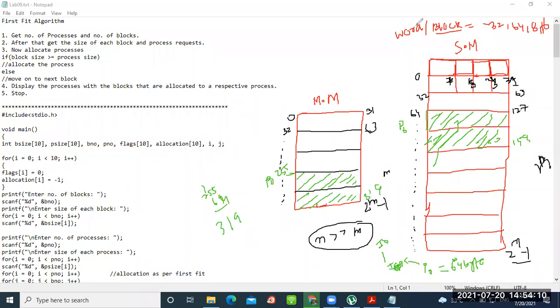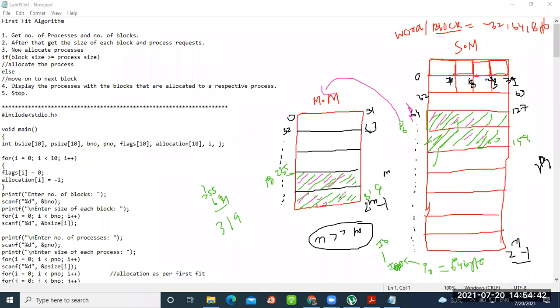So what does continuous memory allocation say? The memory will be allocated whenever we transfer a certain program from secondary memory to primary memory. Now you can see this occupied 2 blocks, and this will also occupy 2 blocks continuously.